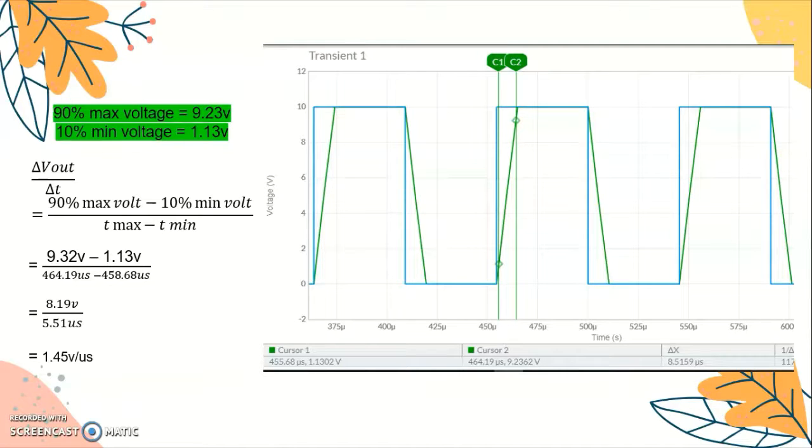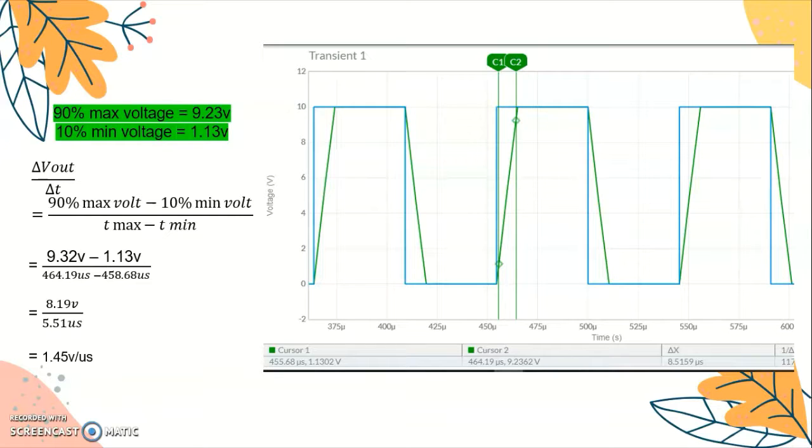This is the formula: 90% of maximum voltage and 10% of minimum voltage. So I got 9.23 volt for 90% maximum voltage, while 10% of minimum voltage is 1.13 volt.